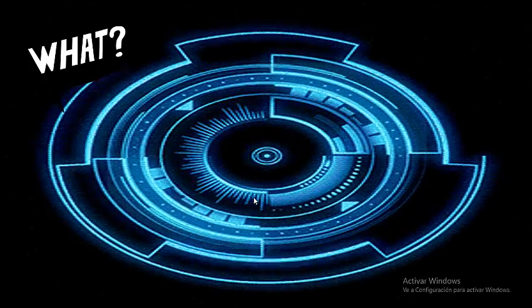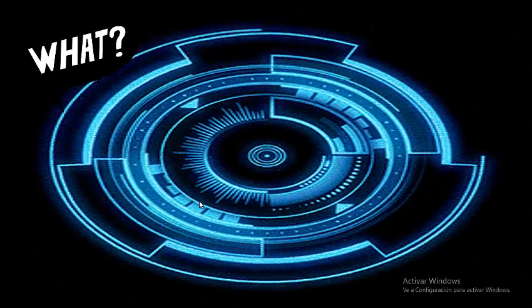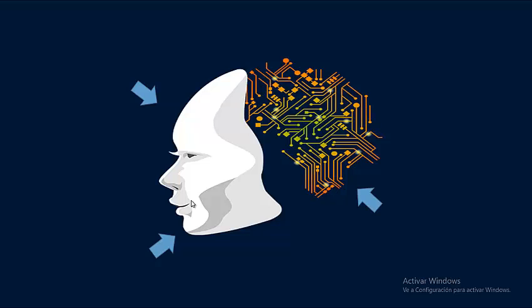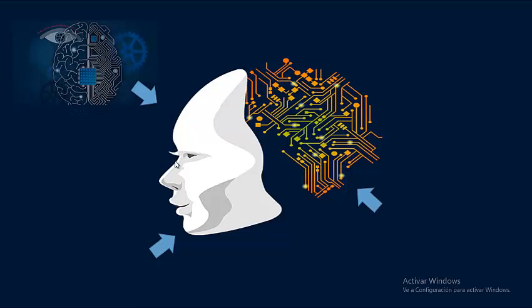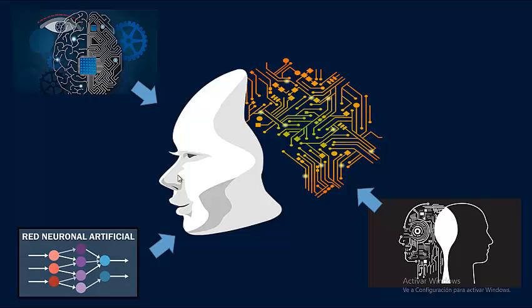And maybe you are thinking, well, how does it work? We will answer that. It is similar to how we humans learn something. For example, it recognizes patterns as it learns through machine learning, just like humans, of course.